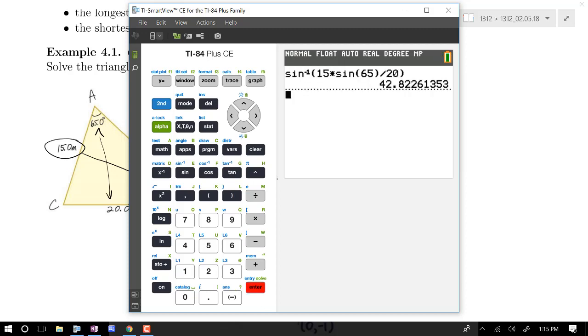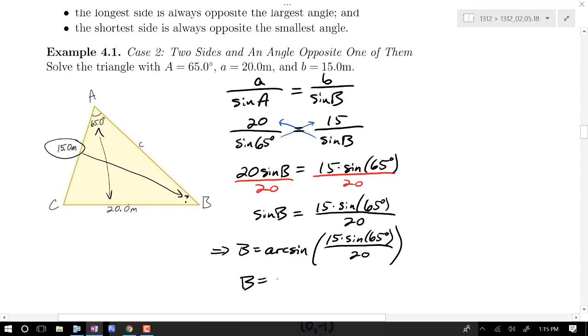And I get 42.82. The original angle was given to the nearest tenth, so I'll call it 42.8 degrees.